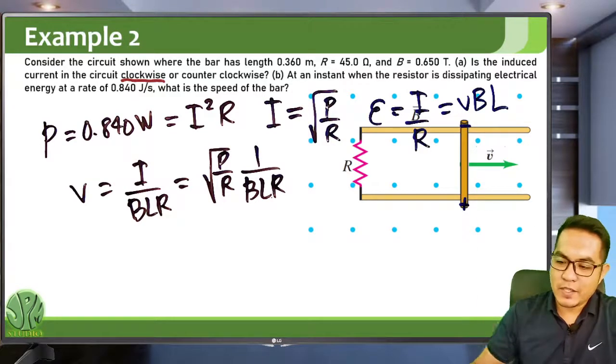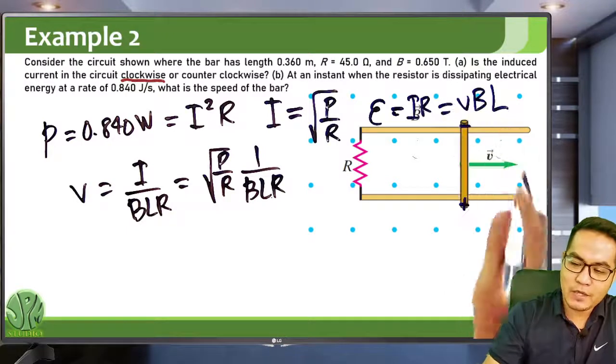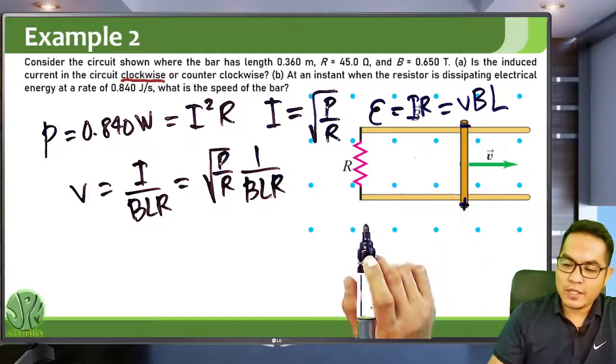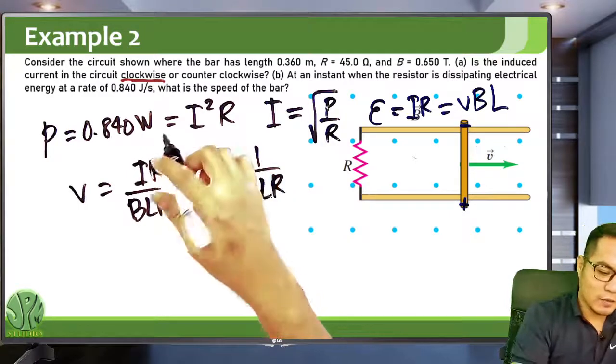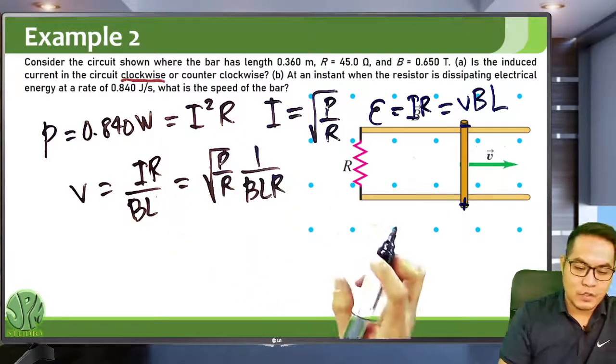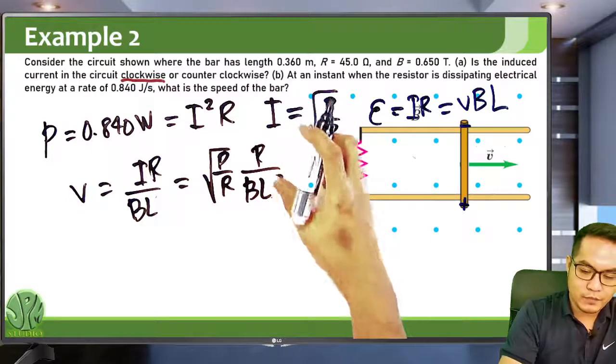Sorry, I made a mistake. This is Ohm's law: the EMF is I times R. So therefore, v is just IR over BL. So you have I times R over BL.